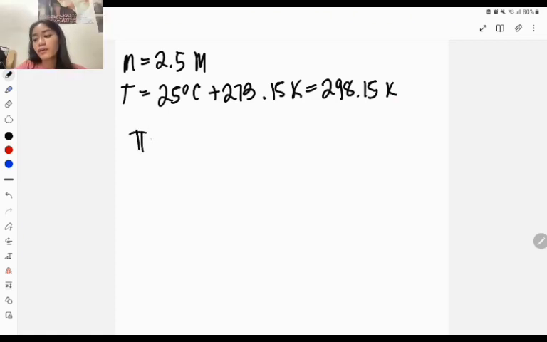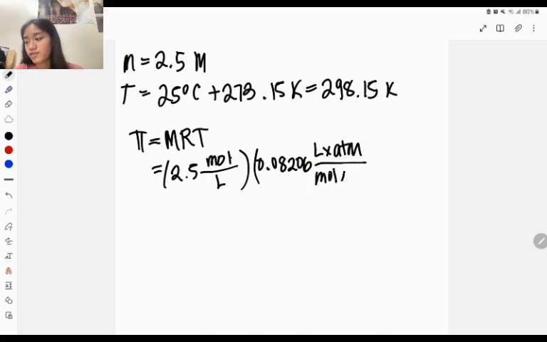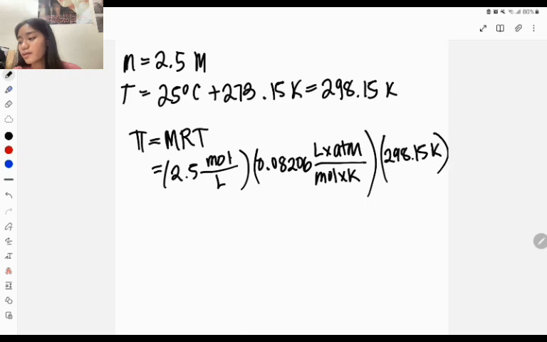And then we use the formula for osmotic pressure, which is molarity times gas constant times temperature. Then we have to substitute the given. The molarity is 2.5 mol over liter, and then the gas constant, which is 0.08206 liter times atm over mol times Kelvin, and then multiplied by the Kelvin, which is 298.15.